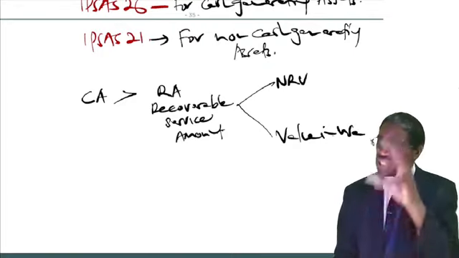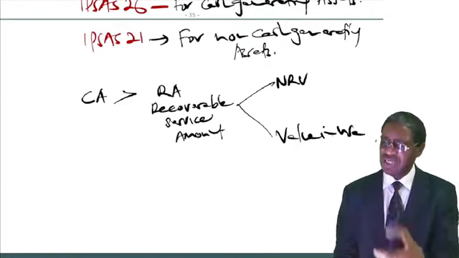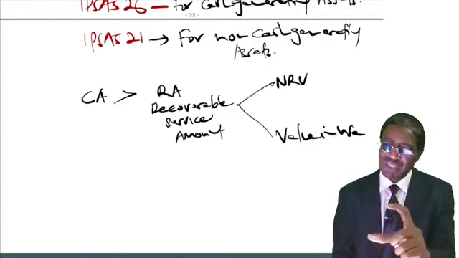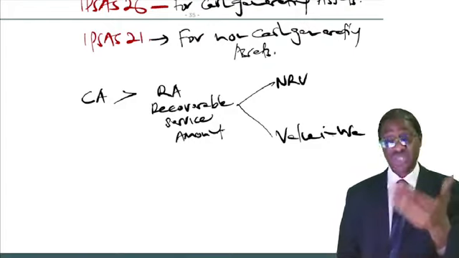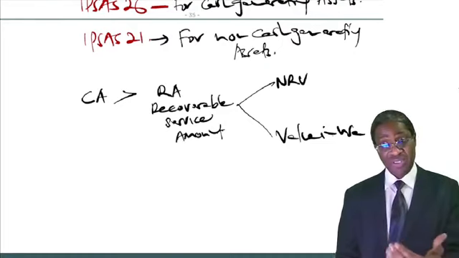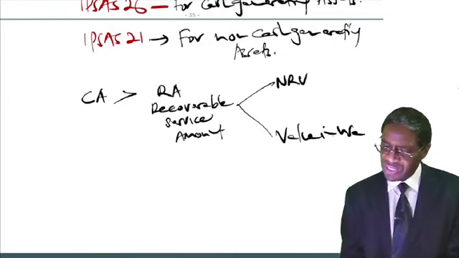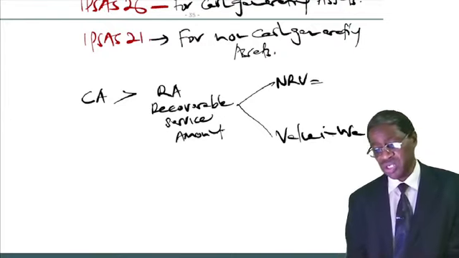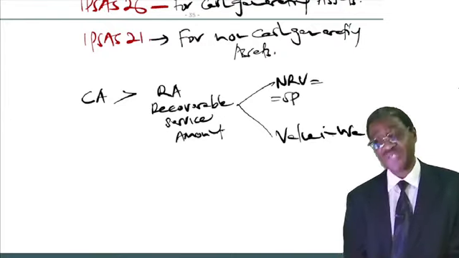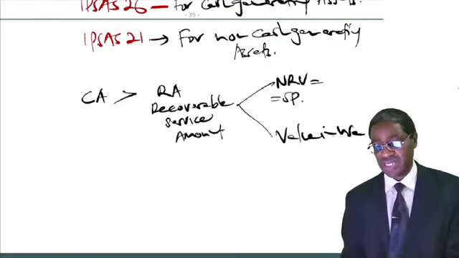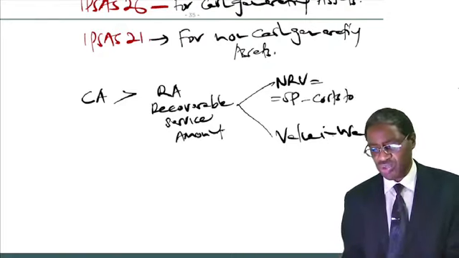Whichever of the two is higher, that becomes the recoverable service amount. Now, to get the net realizable value, the concept does not change. You will still take the selling price or the market value of that asset, and you minus any cost to sell.